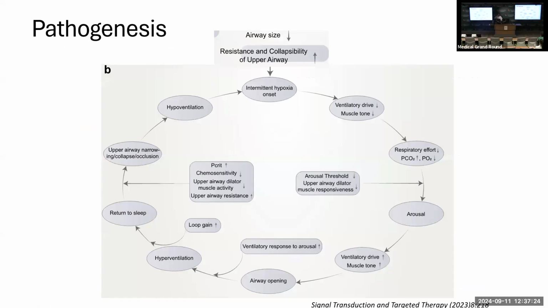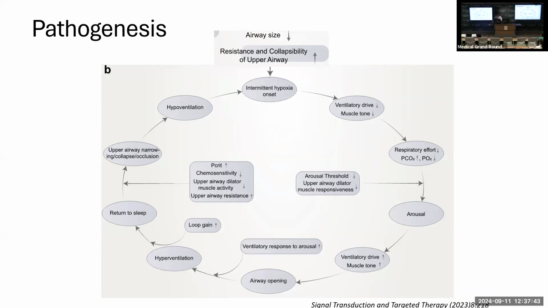In the pathogenesis of this condition, there is an upper airway obstruction, which causes hypoventilation and then intermittent hypoxia. There are other factors like decreased airway size or the resistance and collapsibility of the upper airway that may predispose to intermittent hypoxia.